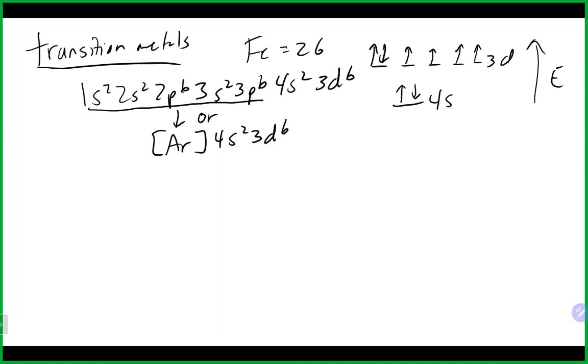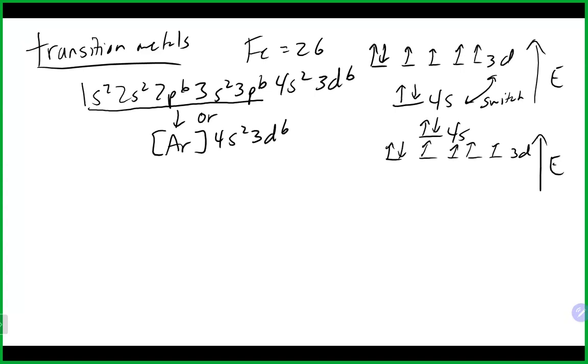Now, what happens with transition metals is these orbitals, the 4s and the 3d, for example, are very close in energy. But when we start putting electrons into the d orbitals, they actually switch in terms of their energy. After we start filling the d orbitals, the 4s actually ends up being a little higher in energy than the 3d. And this occurs again after we start filling the d orbitals with electrons.